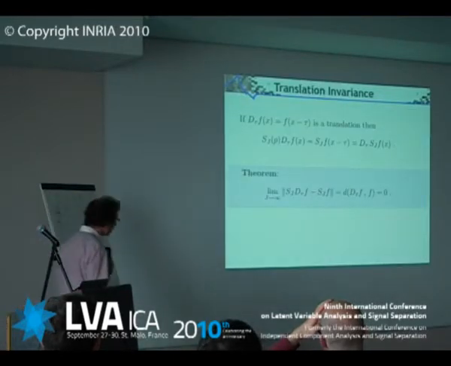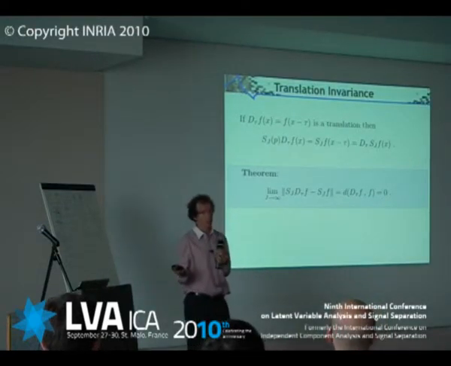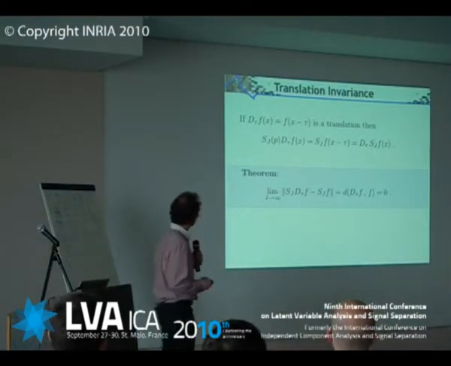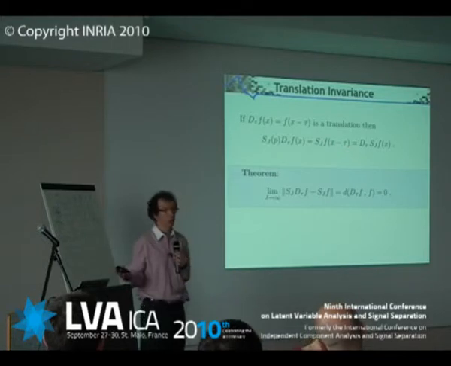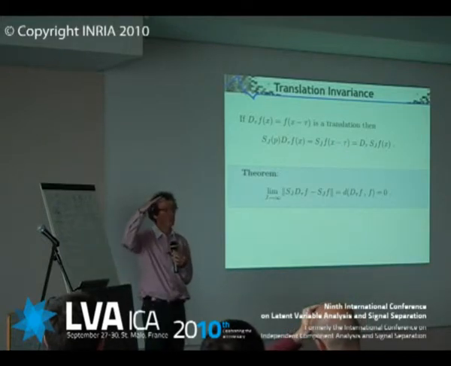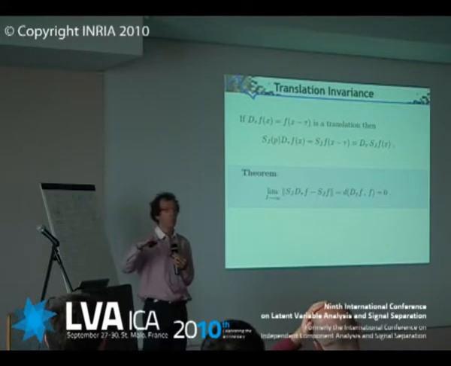All right, so now let's go back to the first property that we want, translation invariance. Okay? If my function is translated, the transform of the translated function is just going to be translated. Why? My transform is just a convolution modulus. If you translate a function, the convolution translates. If you take a modulus, the modulus is going to be translated.